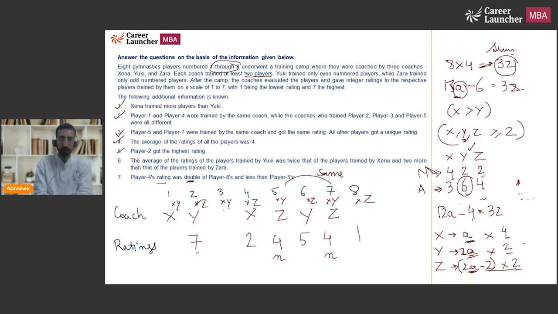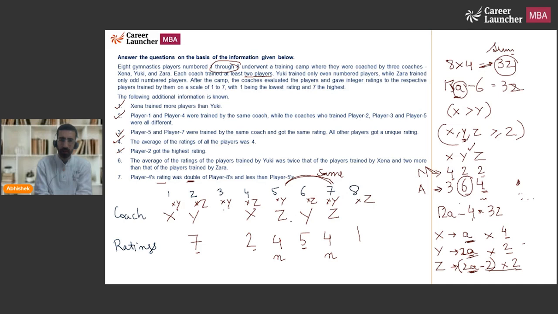How do I get a sum of 8? 7 plus 1, that is not possible. The player with rating 7 is coached by Y. 6 plus 2, 2 is coached by X, not Z. 3 plus 5, someone with the rating of 5 is coached by Y. So the only way to get an average rating of 4 is if these two players are coached by the same person that coaches Z.